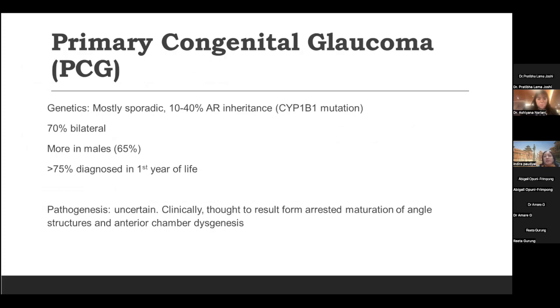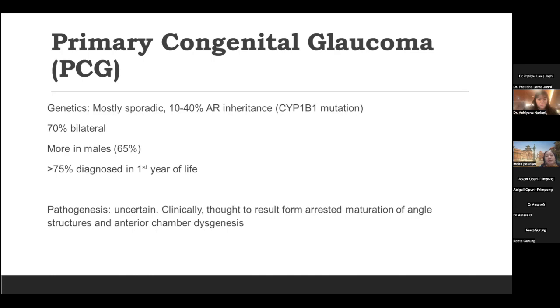In primary congenital glaucoma, genetically it's mostly sporadic, and 10 to 40% are autosomal inheritance. 70% are bilateral, it's more common in males, 65%, and 75% are diagnosed within the first year of life.